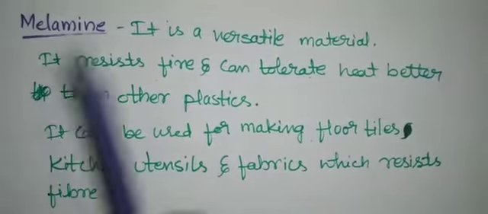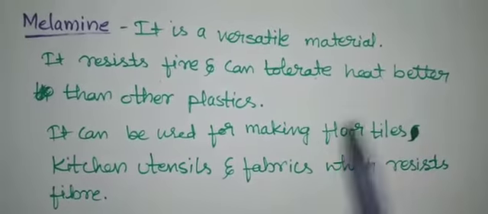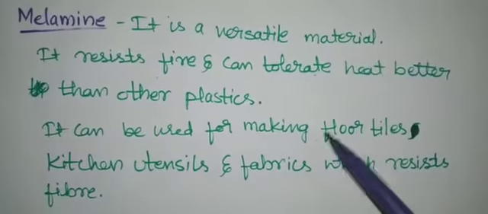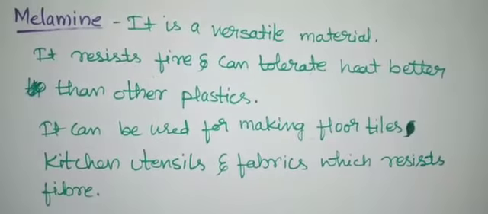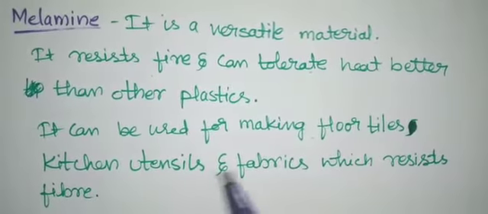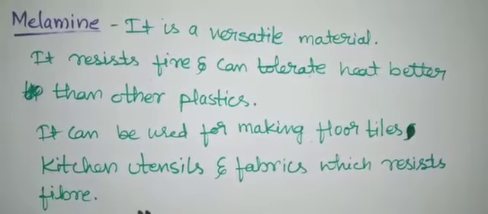Melamine plastic can be used for making plastic floor tiles. They use it in the making of floor tiles, in kitchen utensils, and even fabrics, clothes, which resist fire.